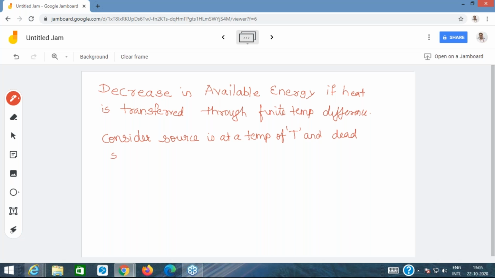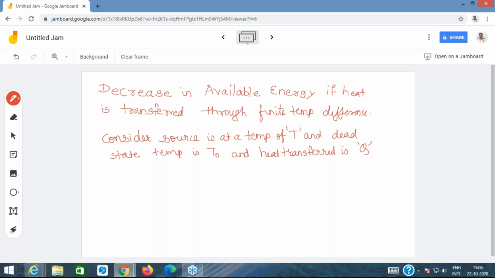So the source temperature is T, the dead state temperature is T naught, and the heat transferred is Q.